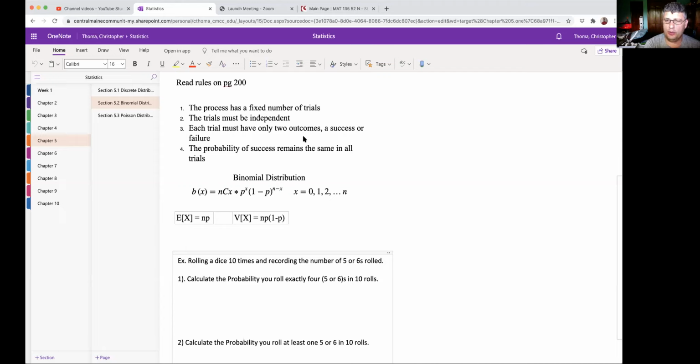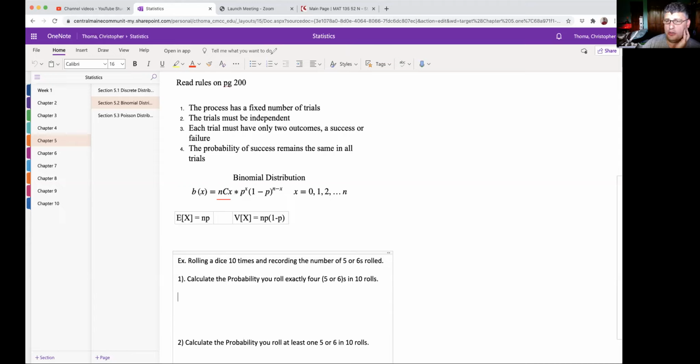So let's talk about what a binomial distribution function looks like, right? It's usually represented by b of x. I'm going to break it down into three different parts here. So first thing we have is this nCx. Remember from chapter 4, nCx is combinations, right?